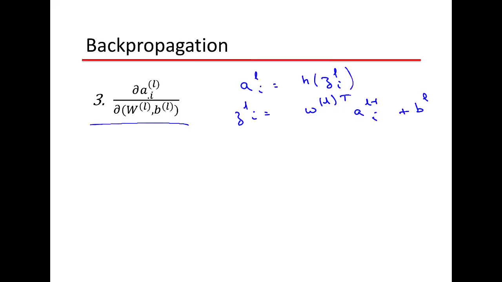And similarly, I have to take the derivative of Z with respect to B. So let's do the easy case first. So what is the derivative of Z L I with respect to B L? Yeah. So again, this will be a matrix.